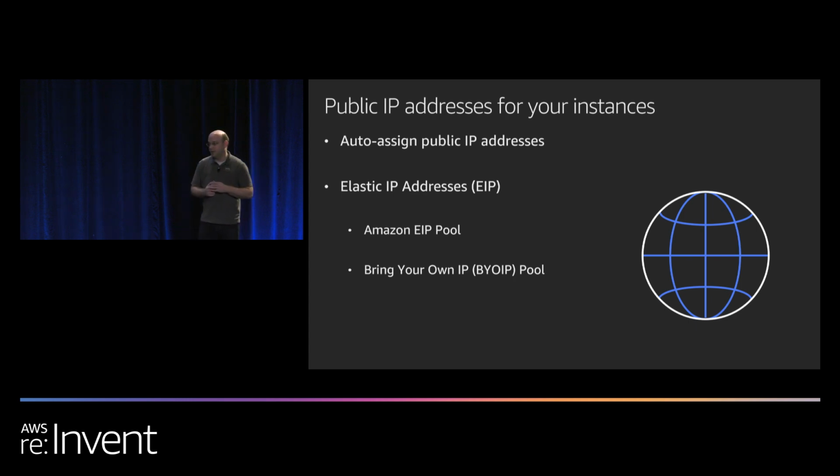Well, the same is true of the public component. You can either have AWS provide you an auto-assigned public IPv4 address that maps to the private IP address, or you can pre-allocate an IPv4 address either from AWS's public IP address range or from an address range that you bring to AWS using our Bring Your Own IPv4 feature.